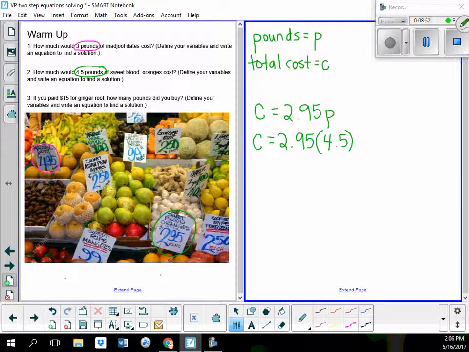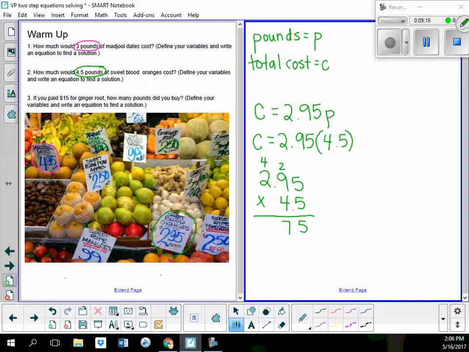Okay, so let's go ahead and multiply this. This will be a good review of multiplying decimals as well. So 5 times 5 is 25. 5 times 9 is 45. Plus 2 is 47. 5 times 2 is 10.